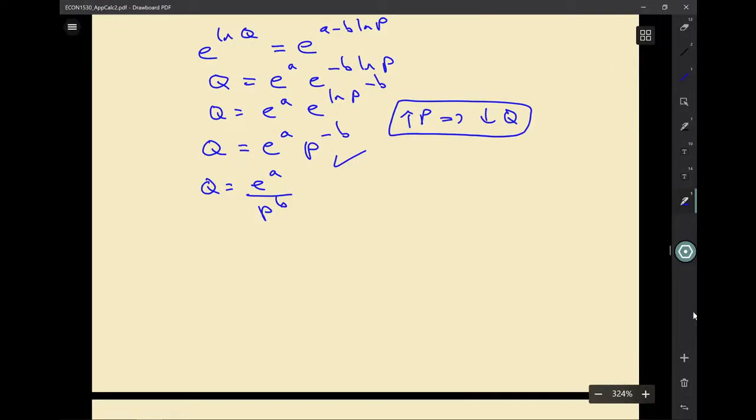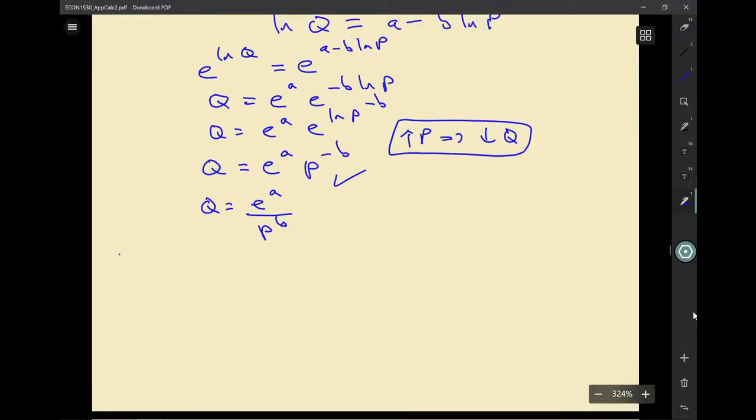The second part of the question wants us to find the derivative of Q with respect to P, and it wants us to be equal something in particular. So if we're going to do that, it's easier to take the derivative of this thing here, and then I don't have to use the quotient rule.